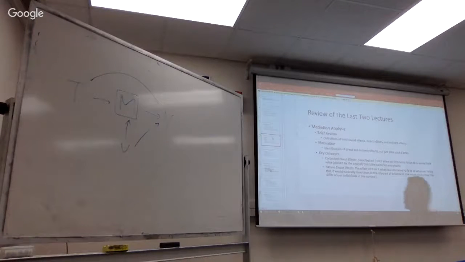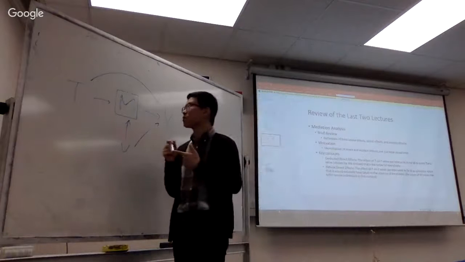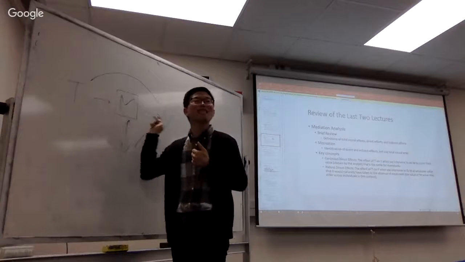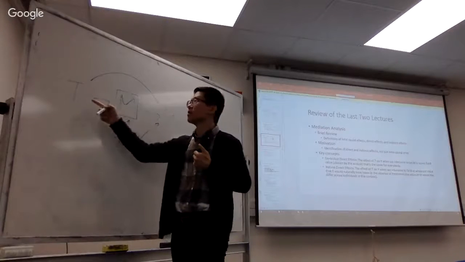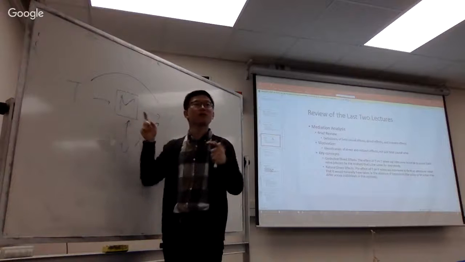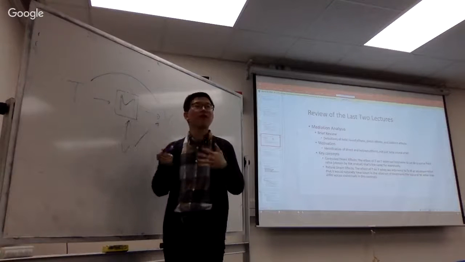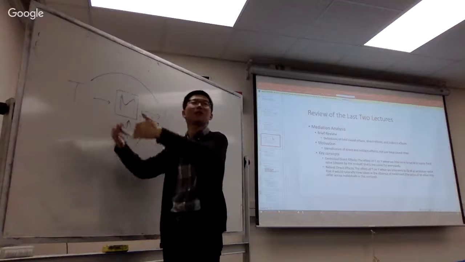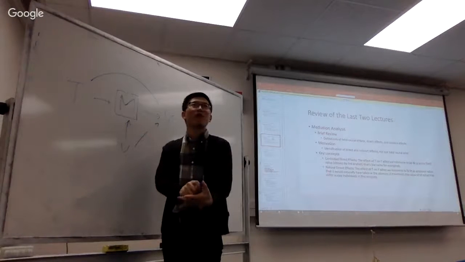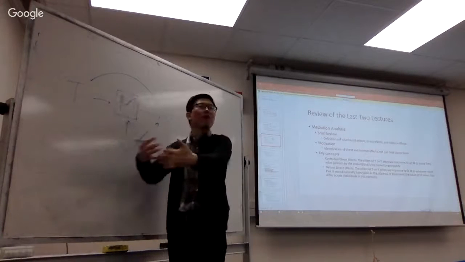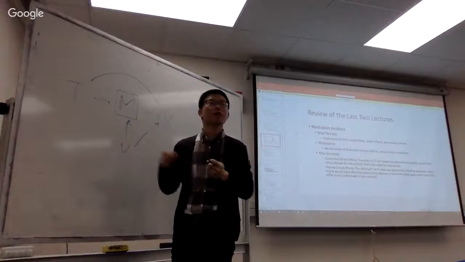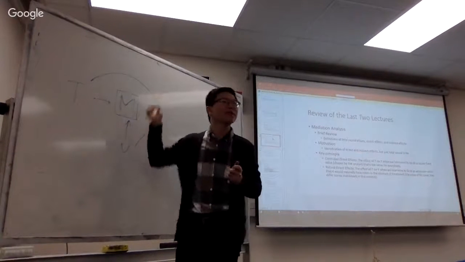But in the natural direct effect approach, you are still intervening on M, but through T. The value of M would be what this person would naturally have when treated or not treated, so it can be different for everybody.